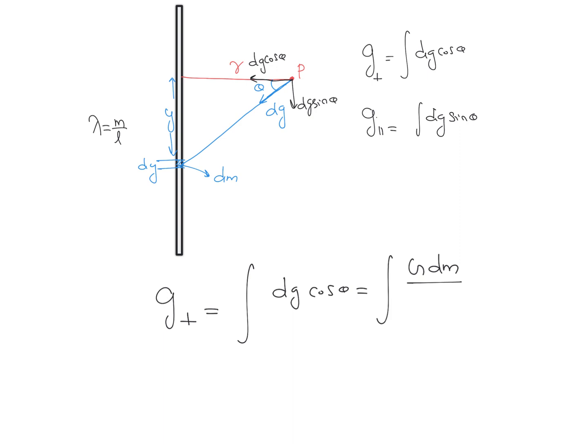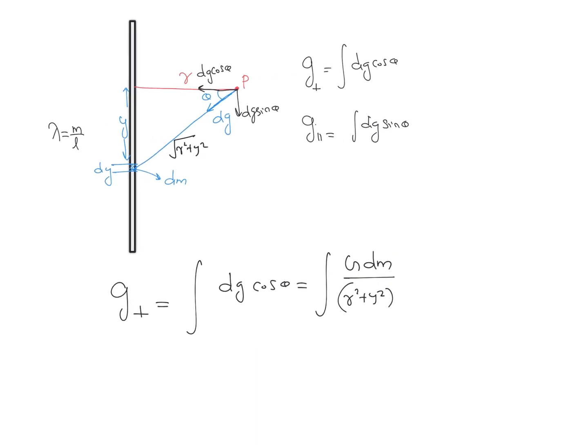Let's say this distance is y, and this distance is r. According to Pythagoras theorem, this distance is the square root of r square plus y square. Squaring it, we get r square plus y square, into the value of cos theta.